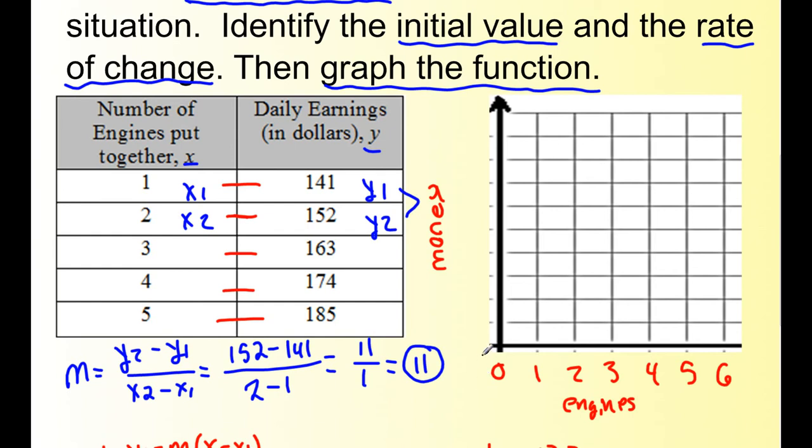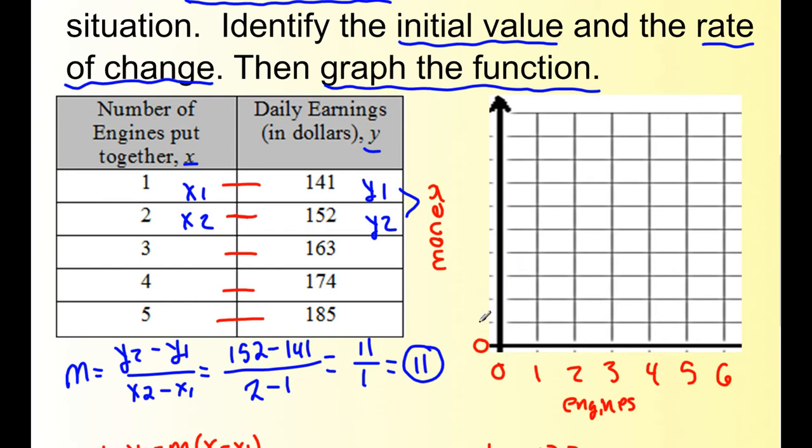Obviously counting by tens won't work, because if we do 0, 10, 20, 30, 40, we're only getting to 100. Okay, 50s: 0, 50, 100, 150, 200. No, because our biggest point is 185. We don't want 200 to be that tall. So 50 was too much, 10 was too little.